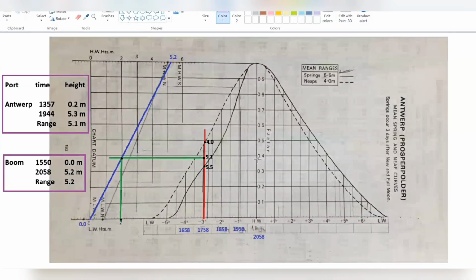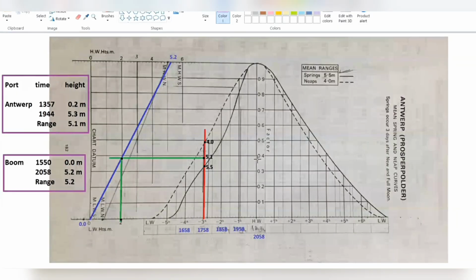So 0.38 of 5.2. So to low water you add that and you will get 2 meters. So that is another way of doing it. But this sloping line is quite good. If you don't want to use the sloping line, then you can use the factor method, because you'll get approximately the same answer.